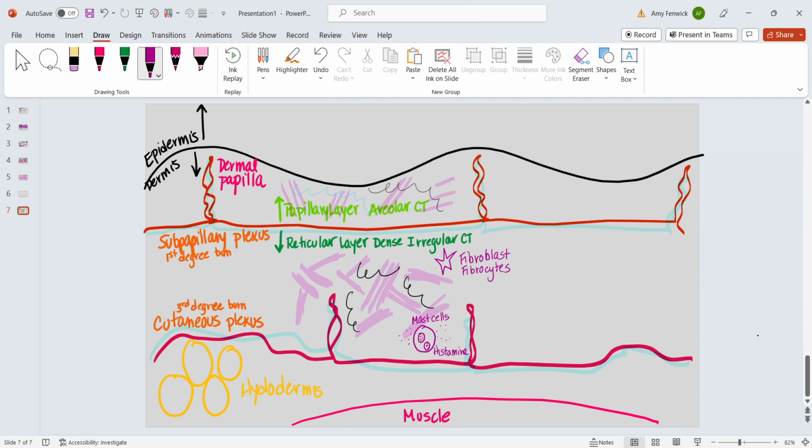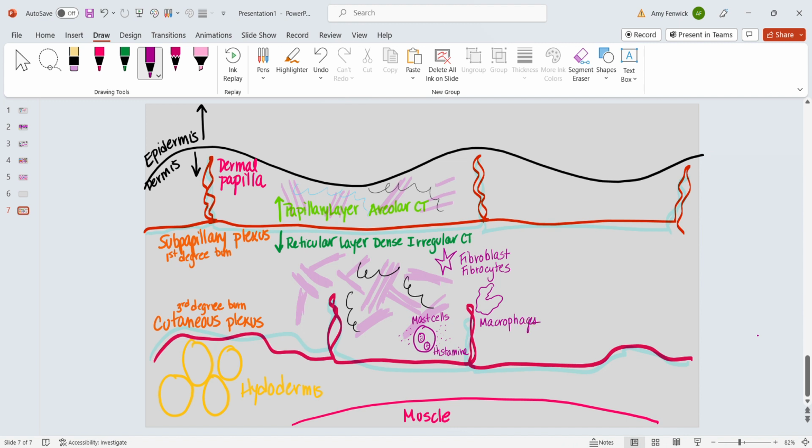Yes, these mast cells respond in an allergy, but you'd be surprised at how many things they can actually respond to. And then there's these big cells that, no joke, kind of look like Pac-Man. And these are called macrophages.